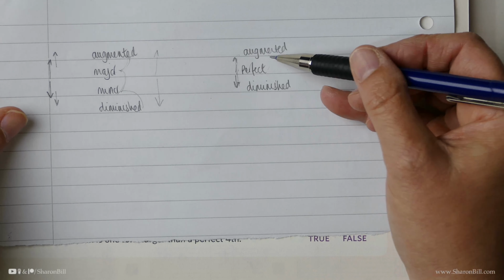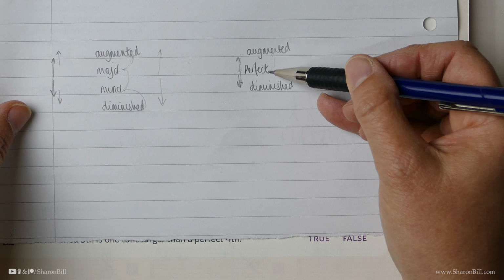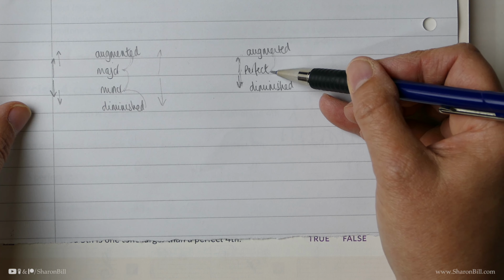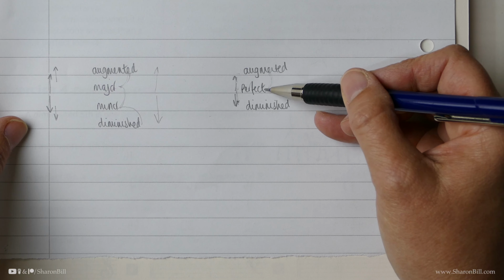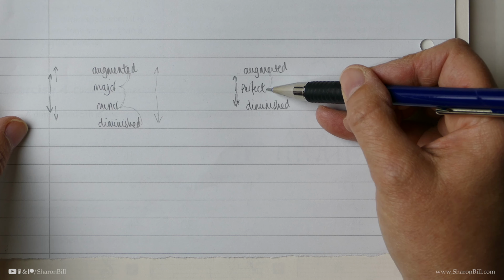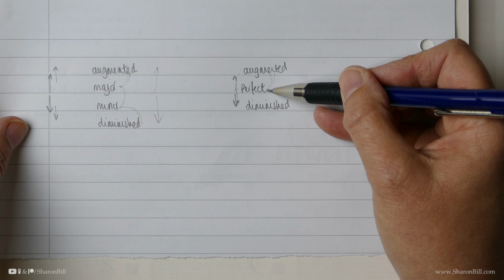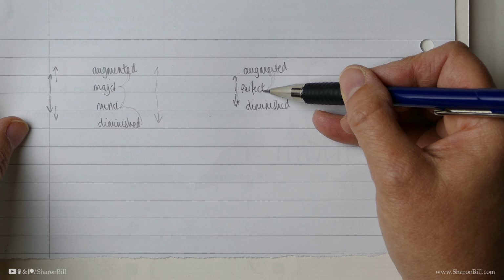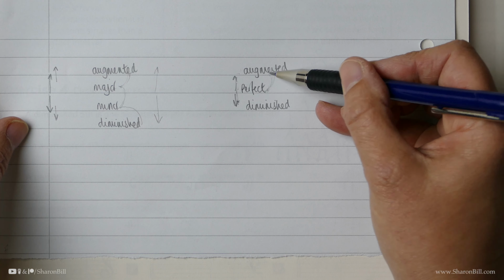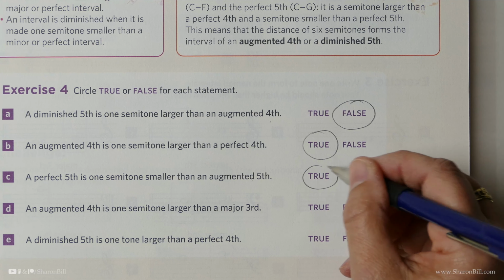We've seen that an augmented fifth is a perfect fifth raised by a semitone, and so a perfect fifth is indeed one semitone smaller than an augmented. Augmented means we've raised that perfect fifth by one semitone, so that's true.